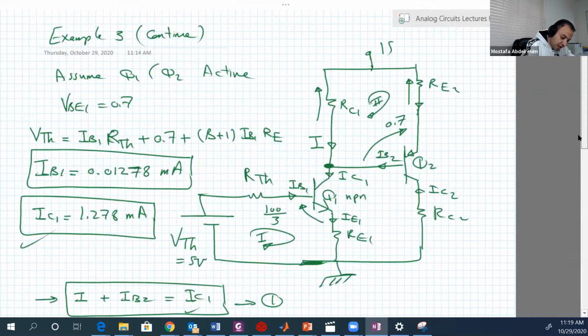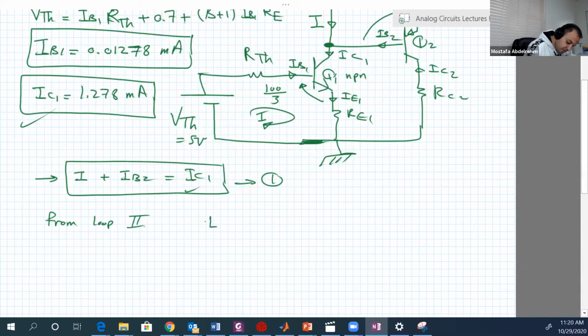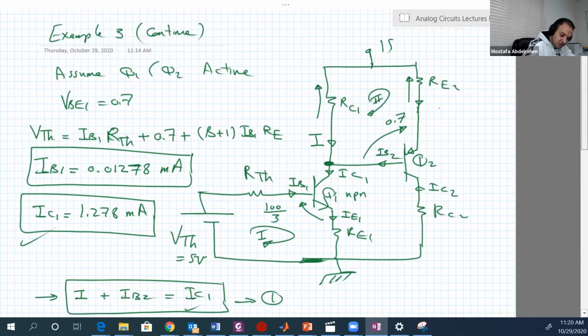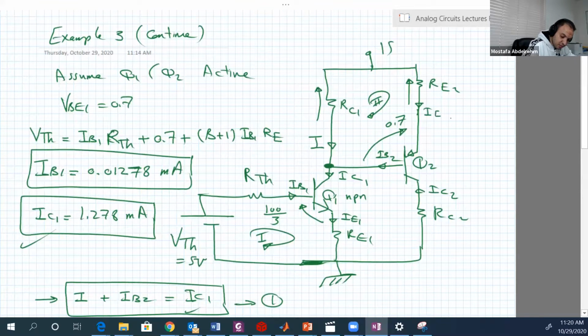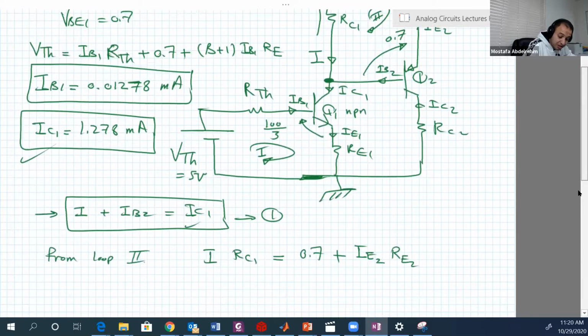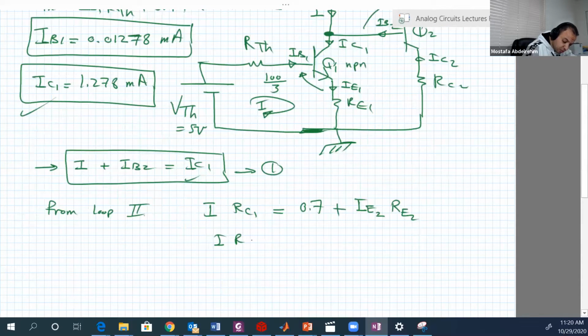So we have I RC1 equal to VEB, 0.7, plus IE2 multiplied by RE2. But IE2 is equal to (beta plus 1) IB2.